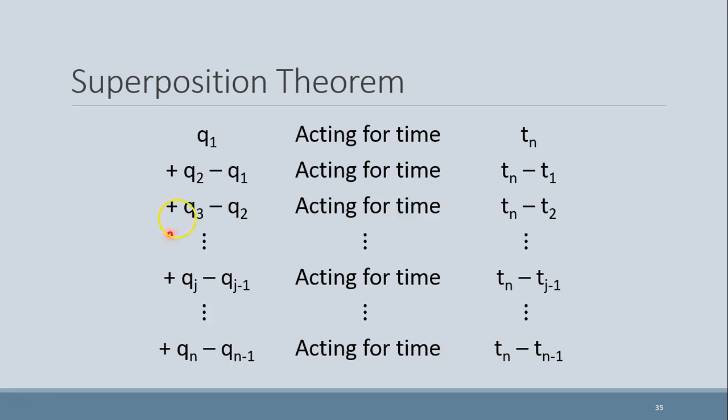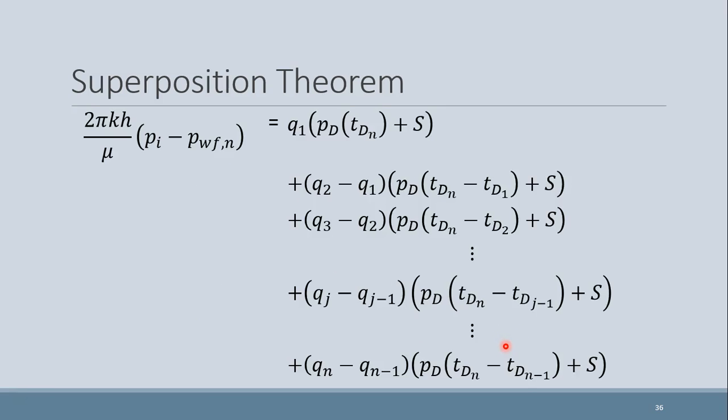So the rate q1 is acting for time tn, then rate q2 minus q1 is acting for time tn minus t1. The sum of these two rates is q2. Then similarly, this cycle goes on until we obtain a rate qn, which is acting at time tn. So the solution is 2 pi kh by mu into pi minus pwf of n equal to q1 pD(tDn) plus s.